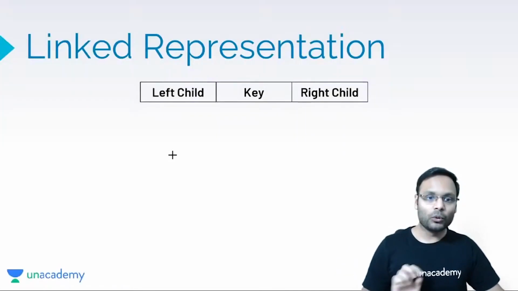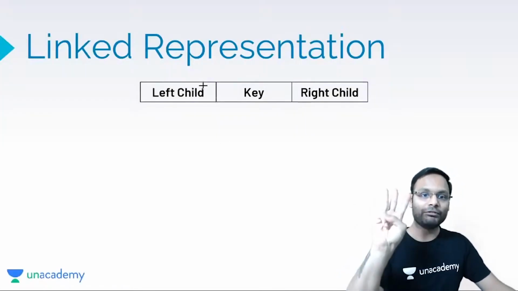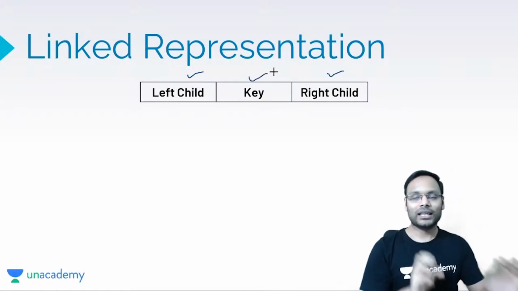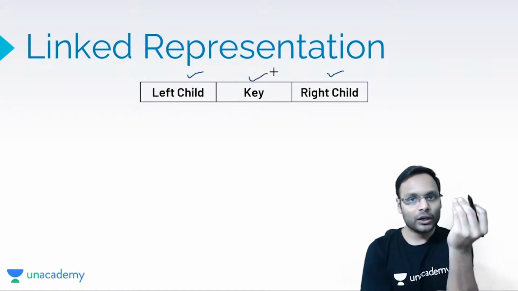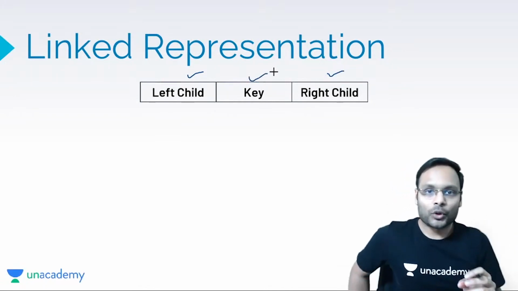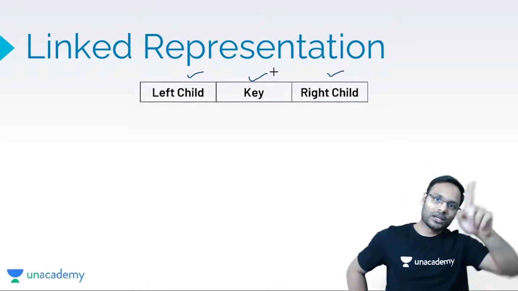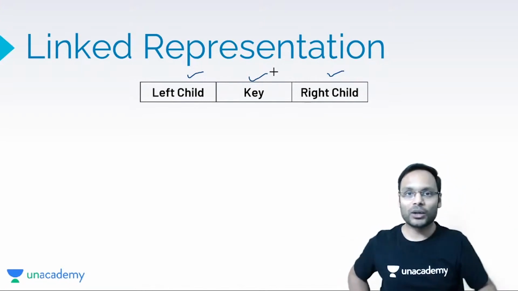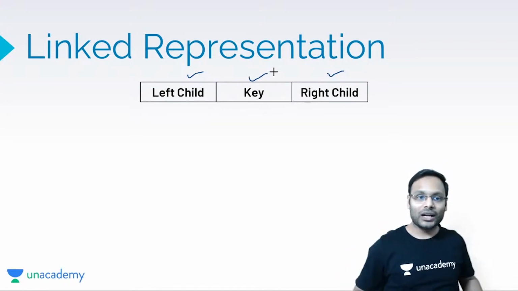In this particular node, you will be having 3 fields. One is left child, right child pointer, and key. Key means the value label of the node, what you are keeping on the node. And then 2 pointers. One pointer is making you reach the left child node, and right child pointer holds the address of the right child node.